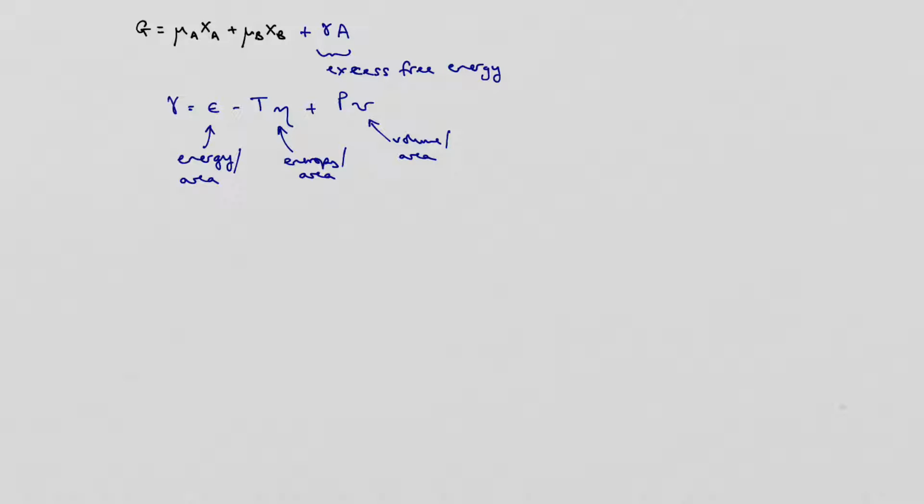Okay, so when we've got, for example, phase separation, we've got regions of alpha phase and beta phase, then we're interested in what the excess free energy is for the interface between those two phases due to energy and entropy.